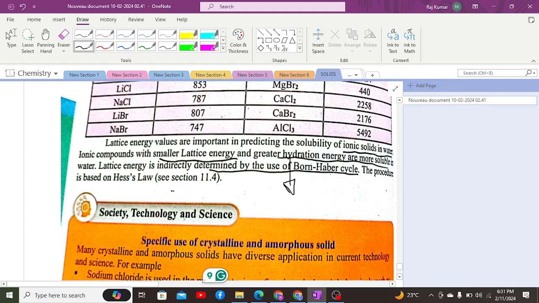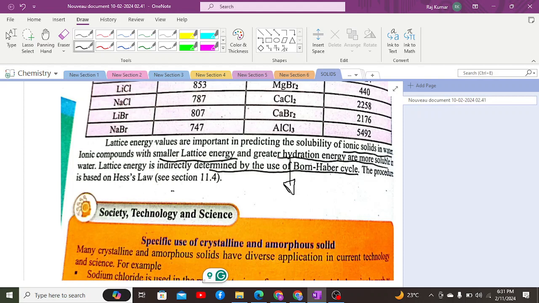A decrease in lattice energy simply means weaker bond formation.